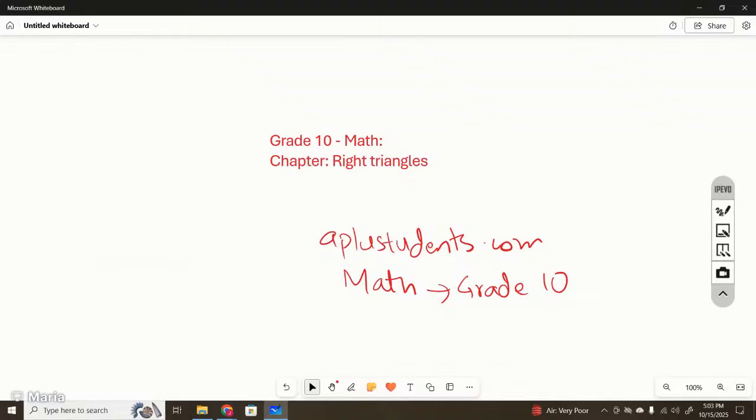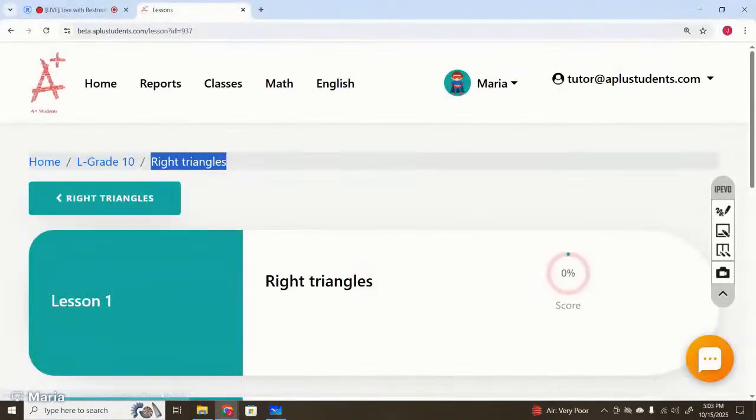So we're going to start with the chapter right triangles. I'm on grade 10 math. The chapter we are going to start with is right triangles.